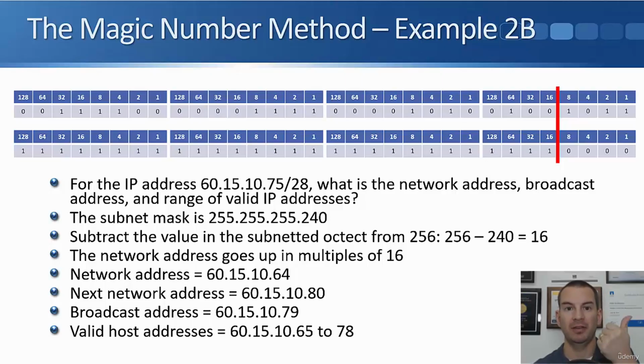So that would be 16, then 32. We can double that to 64. The next one would be 80. So 75 is between 64 and 80. So the network address must be 60.15.10.64. We know that the next block starts at 80, so the broadcast address must be 79, and the valid hosts would be 65 to 78.